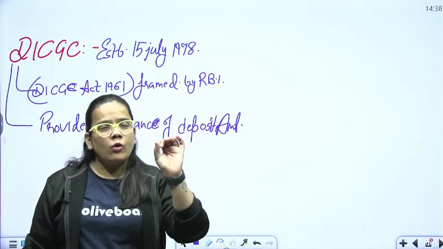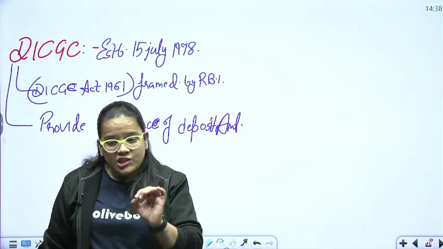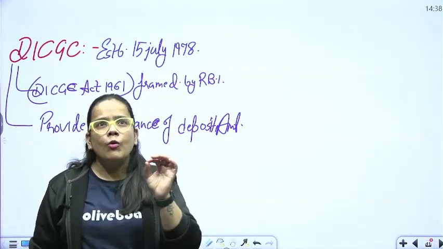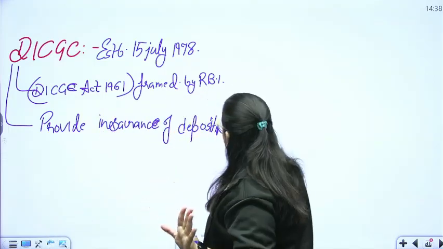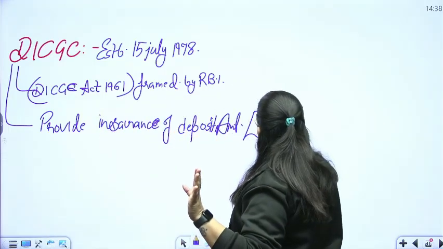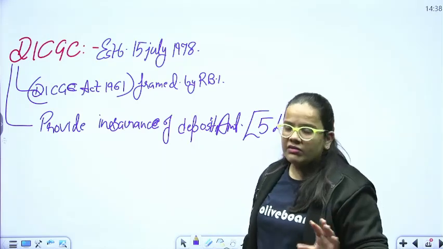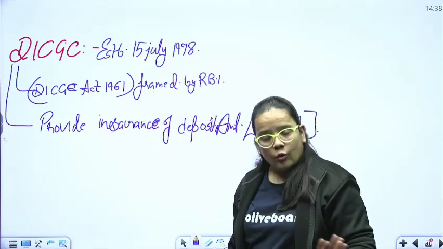In the present scenario, DICGC insures each depositor of a registered insured bank up to a maximum, the value is important, of rupees 5 lakh. More than this amount, the DICGC is not concerned with your deposited amount. Clear?